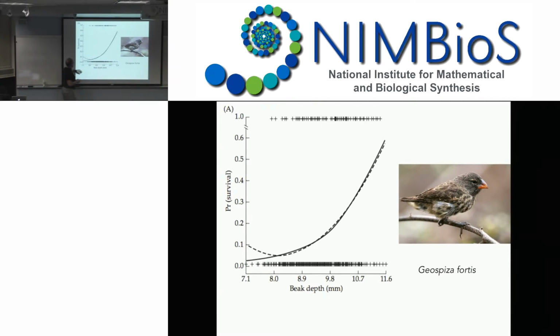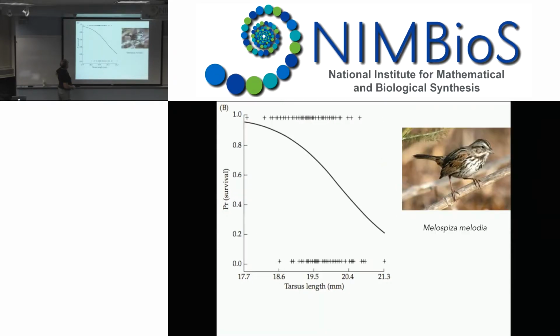So here are examples of those. The actual ticks here are the data. Survivor, basically 0 or 1. The dashed curve here is the quadratic fit. This is the cubic spline fit. And the cubic spline fit seems to do a much better job, right? It's not quite exponential. It's got a nice thing.